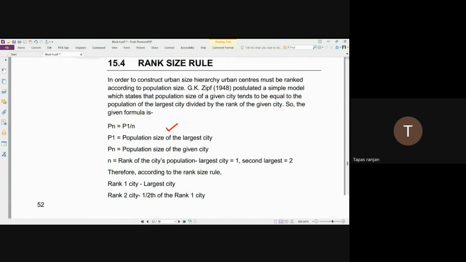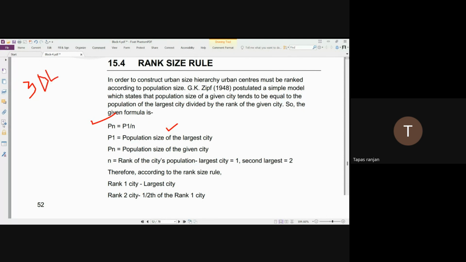And the mathematical formula that has been given by J.K. Zipf is basically Pn, which is the population size of a given city, is basically the population size of the largest city divided by the rank of the city.